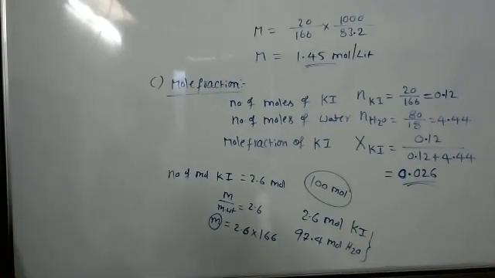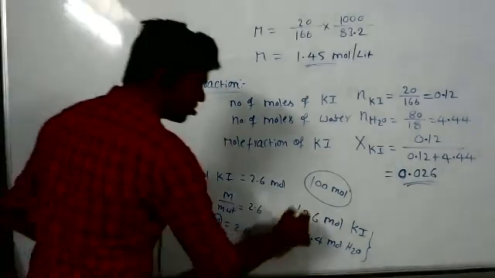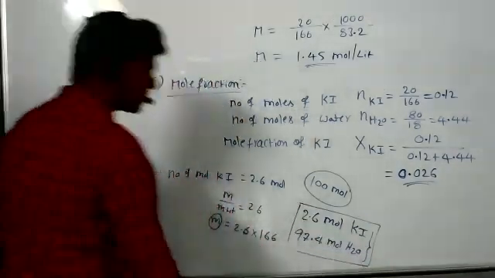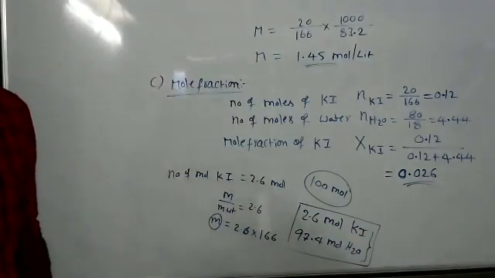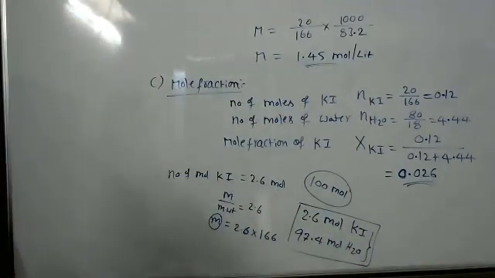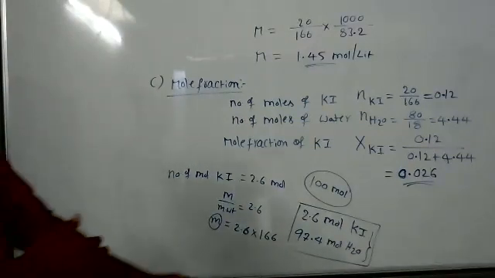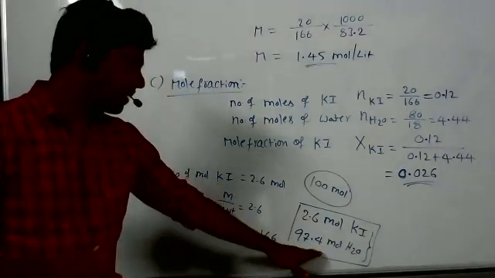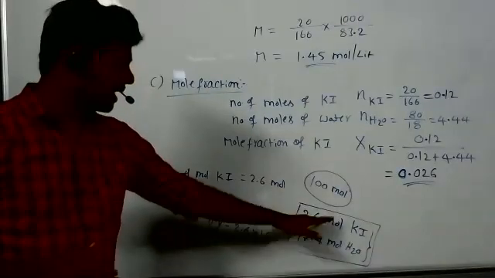See, so this is right. From this, how can you calculate the weight percentage? We first have to calculate the mass of potassium iodide from this, and then the mass of water. Then calculate the percentages.